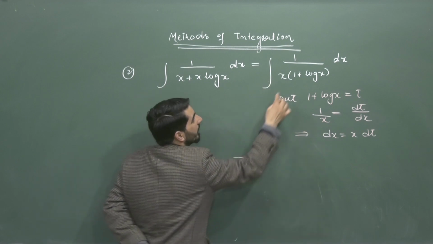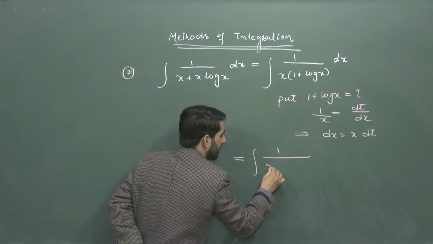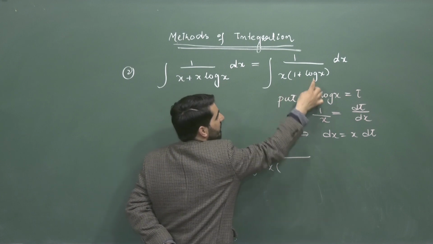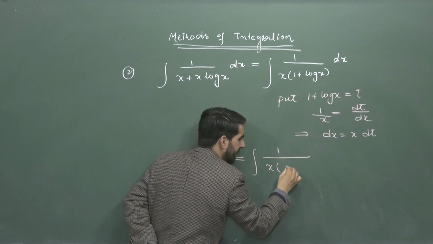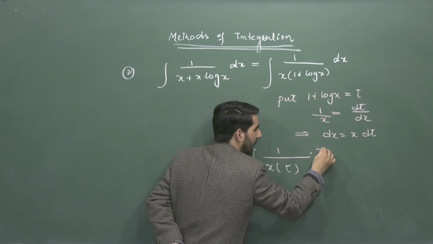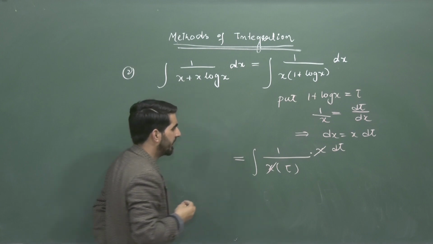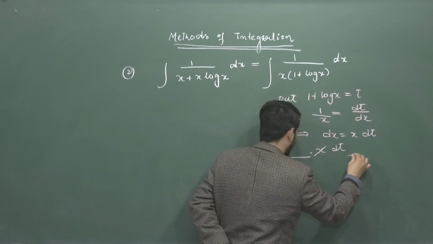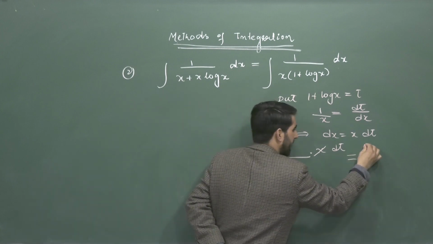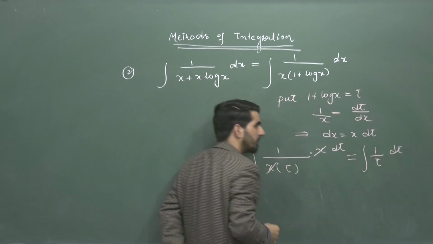Substituting these values in the original integral, we get integration of 1 divided by x, and since 1 plus log x is t, we write t, and dx is equal to x dt. This x and this x cancel. So we get integration of 1 divided by t dt.